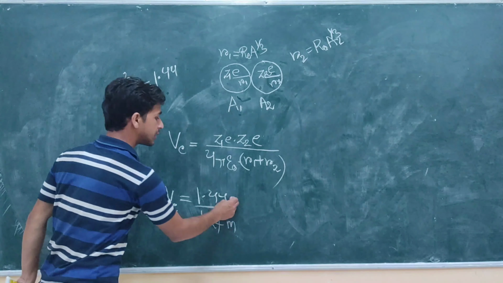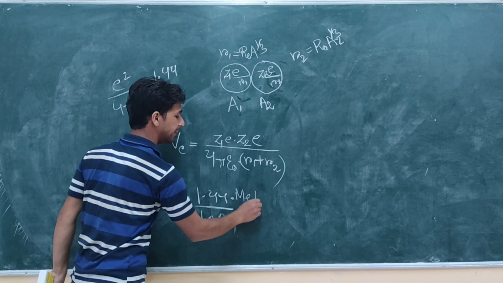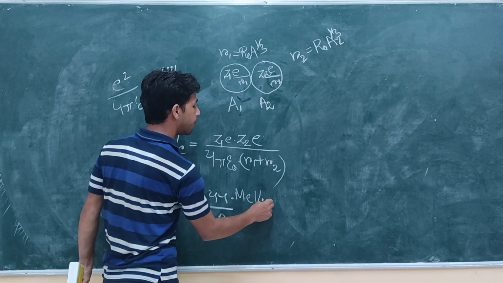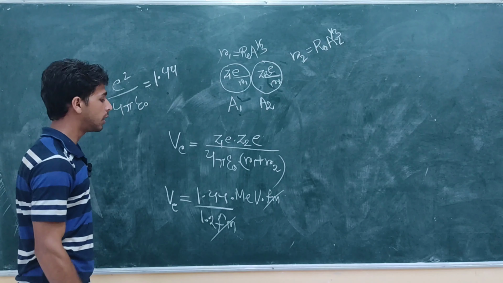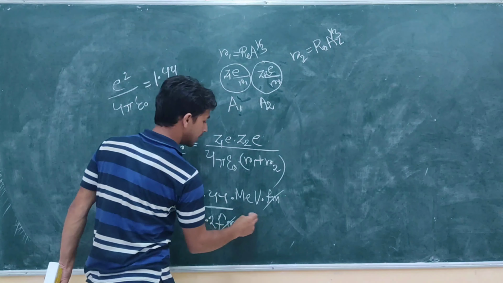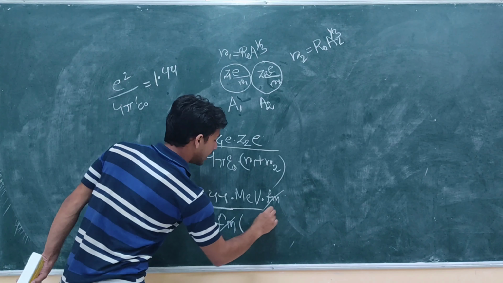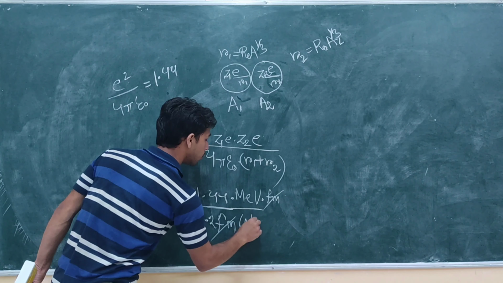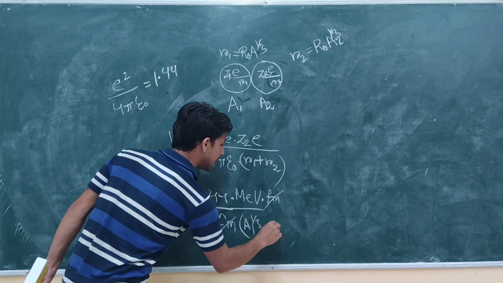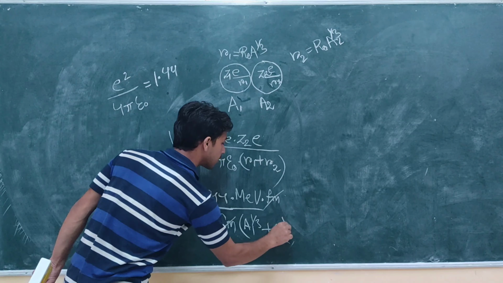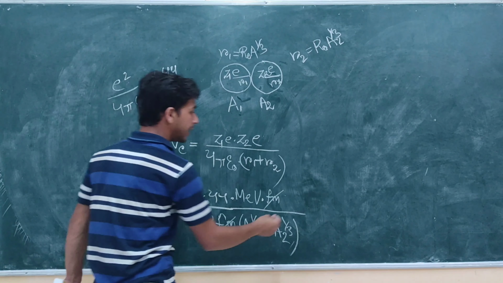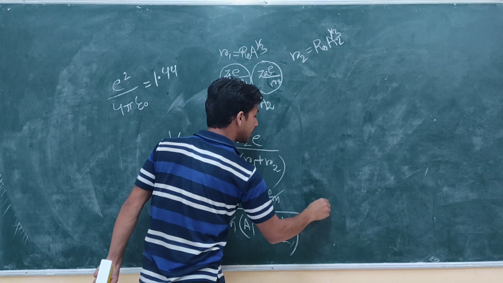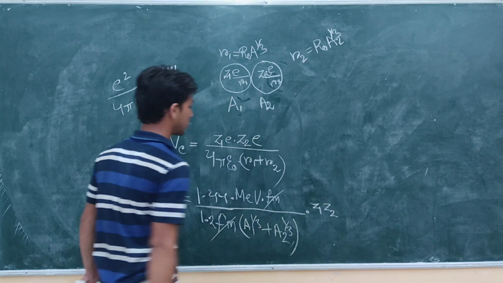So let's put this in MeV, mega electron volt, times fermi. This fermi gets cancelled out, and the other terms are A1 to the power 1/3 plus A2 to the power 1/3, and we have Z1 times Z2.